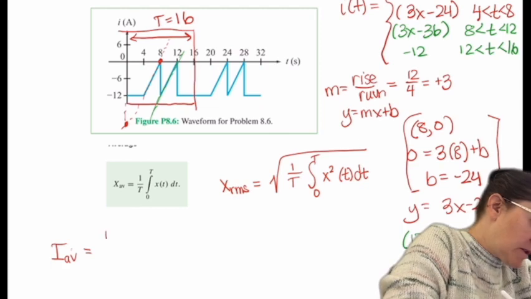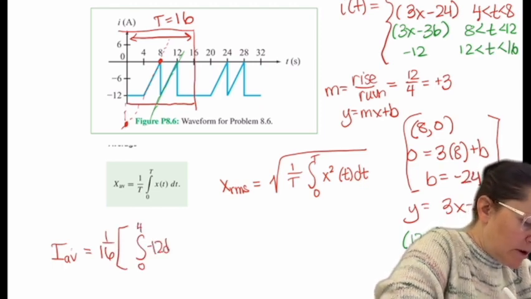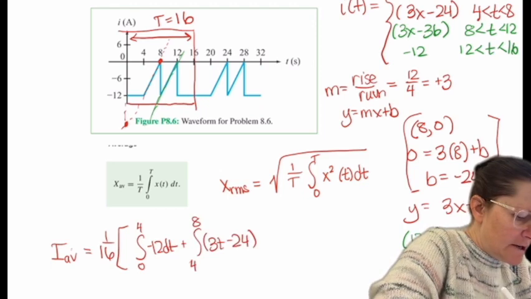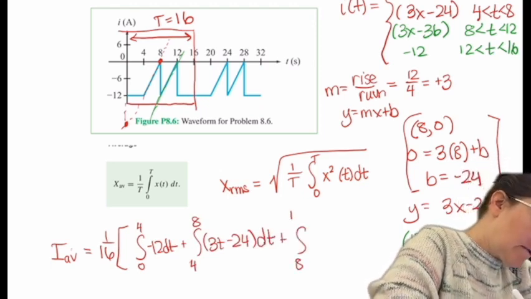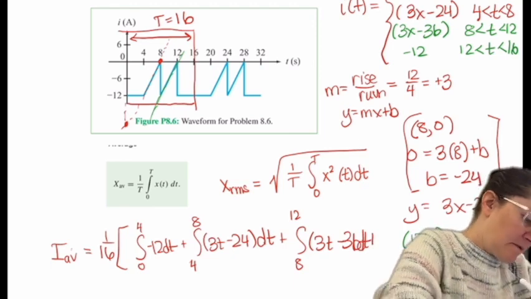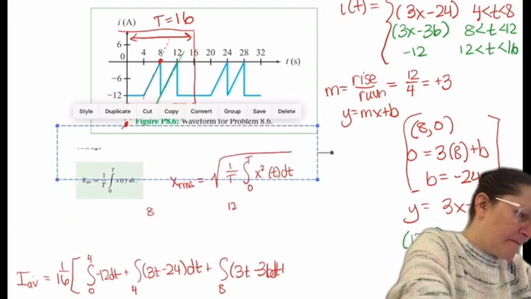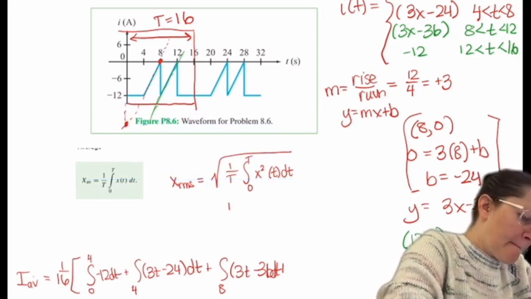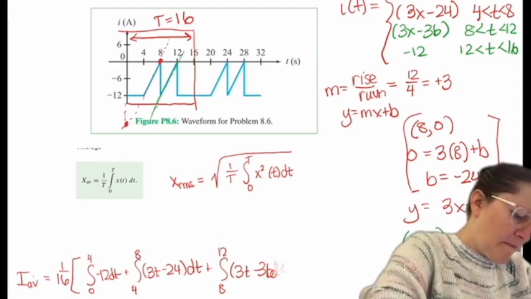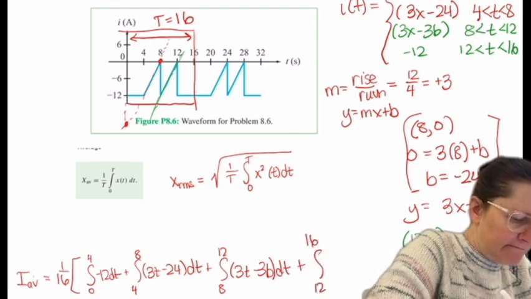So the average will be 1 over 16 times the integral of the first one, 0 to 4, minus 12 dt, and then 4 to 8, 3t minus 24 dt, plus 8 to 12, 3t minus 36 dt, and then 12 to 16, minus 12 dt.